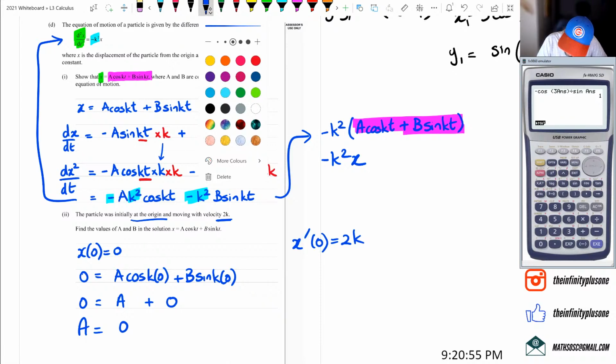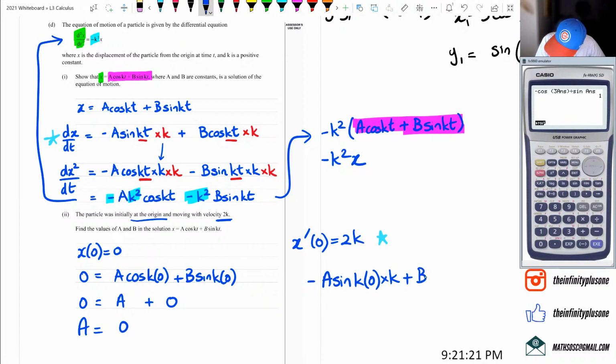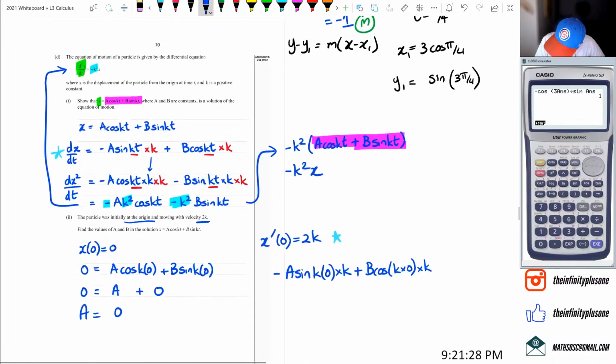So the second part is the differentiation at zero. I'm looking at this equation now for this part, because dx dt is the same thing as saying x dash. So I can say that negative a sine k times 0 times k plus b cos k times 0 times k is equal to 2k.